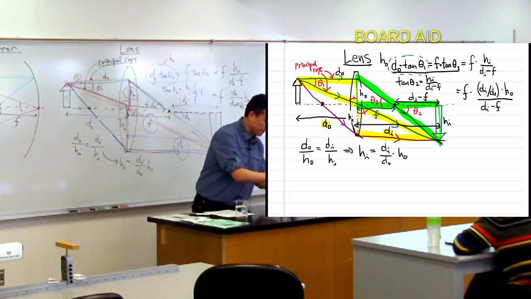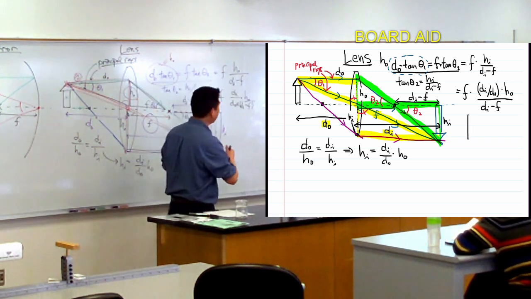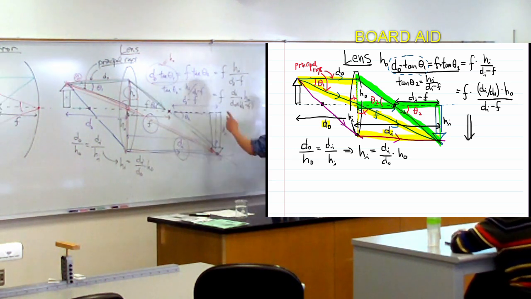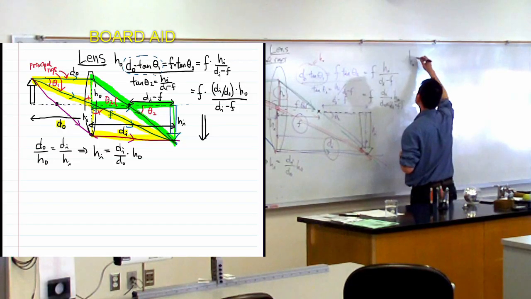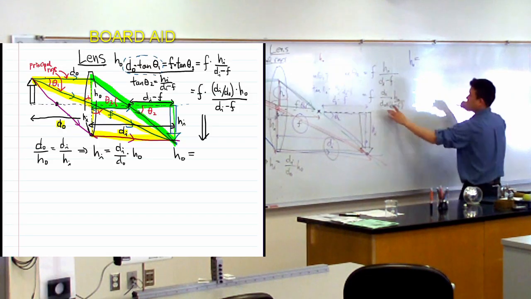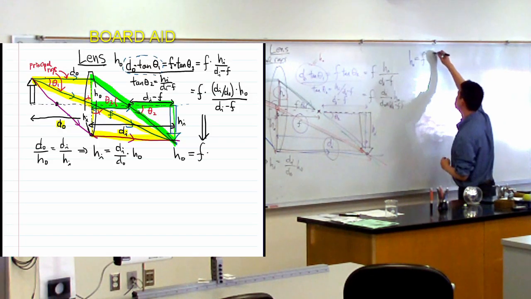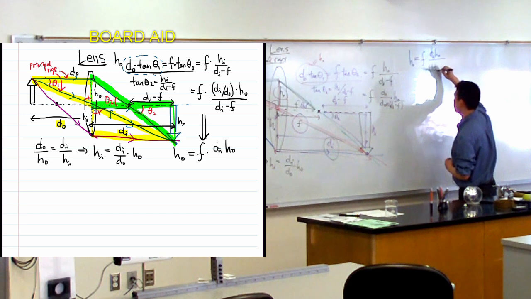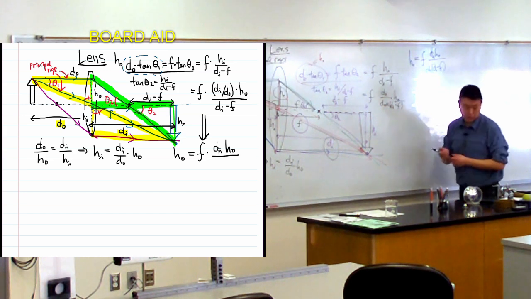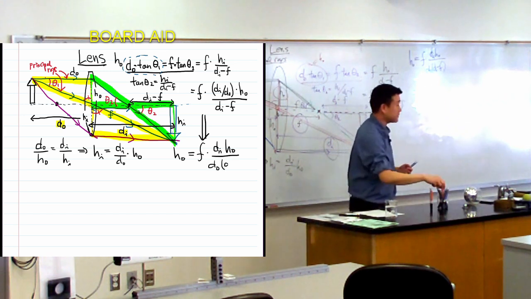All right, so let me write down the cleaned up version that expresses what I've been saying out loud, that HO is equal to F times DI times HO over DO times DI minus F. So you see that the height of the object cancels out.